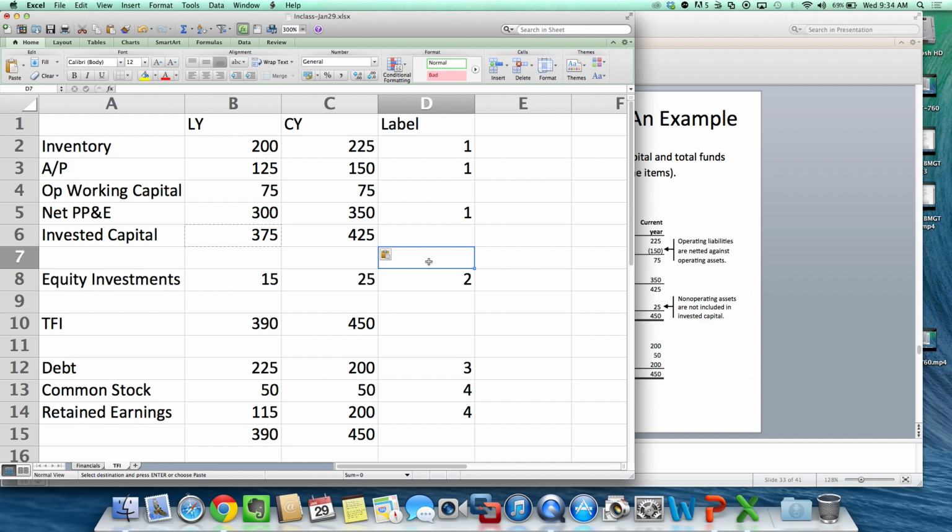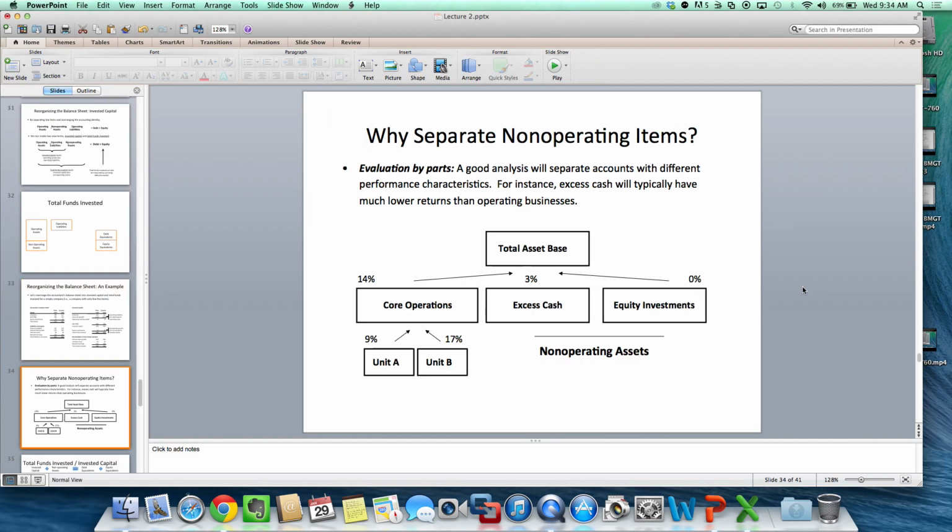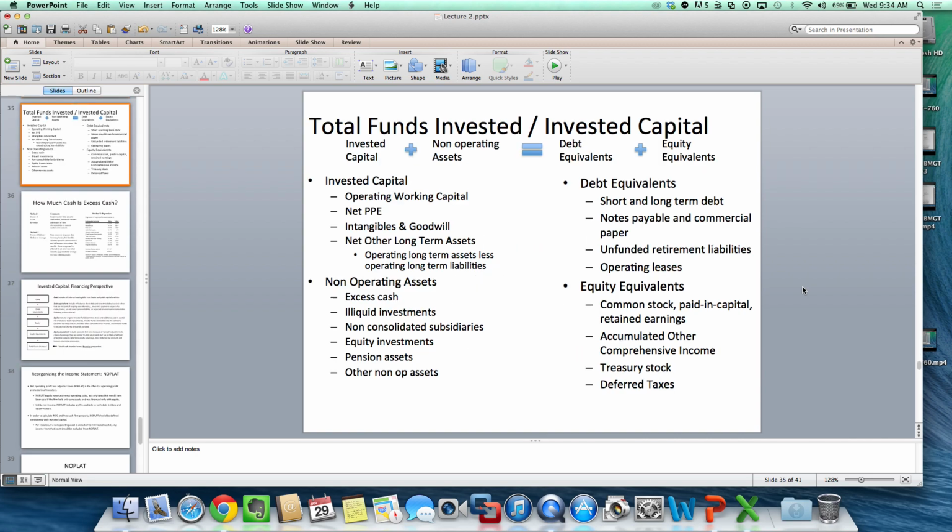Questions? All right? Now we're going to do the income statement. And by the way, this slide will give you common examples that are on real balance sheets that go into each category. And the book talks about that as well.